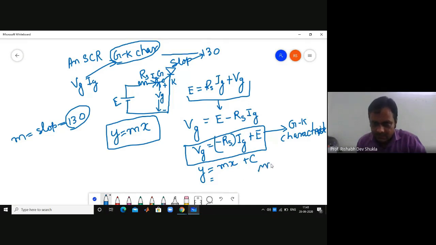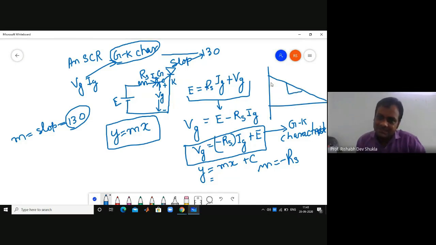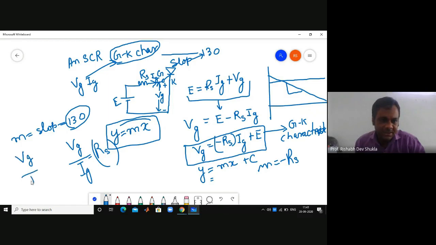M is equal to minus of Rs, so the slope is negative, like this. So Vg upon Ig is Rs.